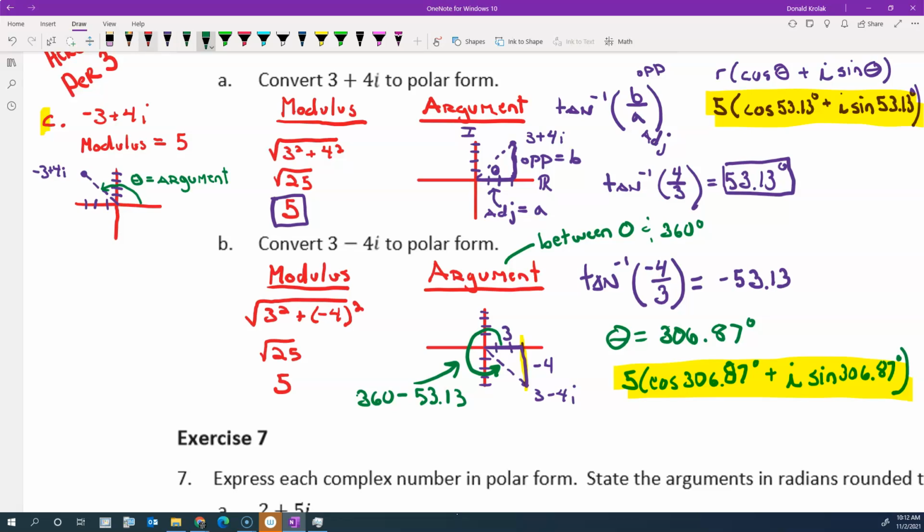And then the other situation is, well, what if it's in the, that would be the second quadrant. What would you do if it was in the third quadrant? So it would look like this. Okay, same modulus. 1, 2, 3, 1, 2, 3, 4.